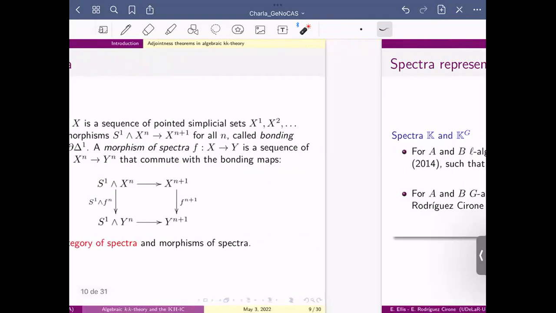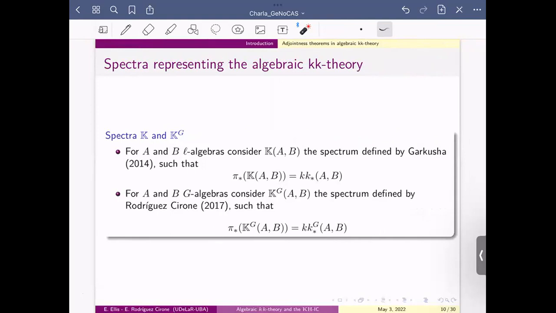Then what we need in this work is a spectrum. We need spectra representing algebraic KK theory and equivariant algebraic KK theory. Then for L-algebras, we are going to consider this spectrum, which was defined by Garkusha in 2014, such that if we take the stable homotopy groups of this spectrum, we obtain algebraic KK groups.